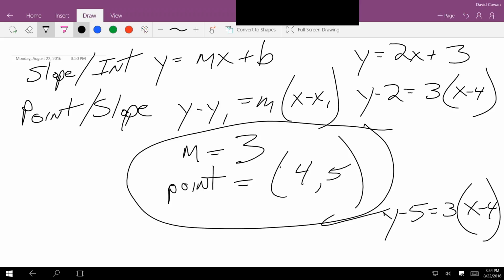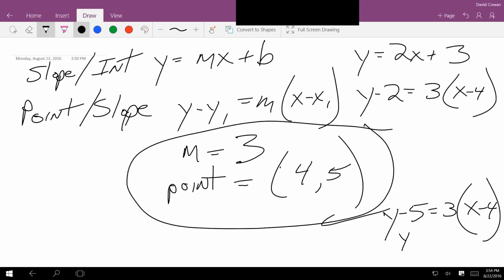Now, if your teacher said, give me the answer in slope-intercept format, what would it be? You'd have to figure it out by putting it into slope-intercept as y equals 3x plus b, so you can just plug in the point that you already have. Do it one step at a time.